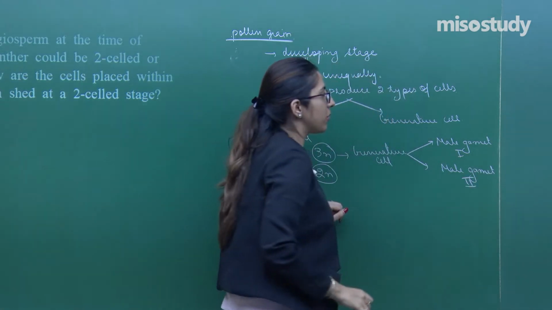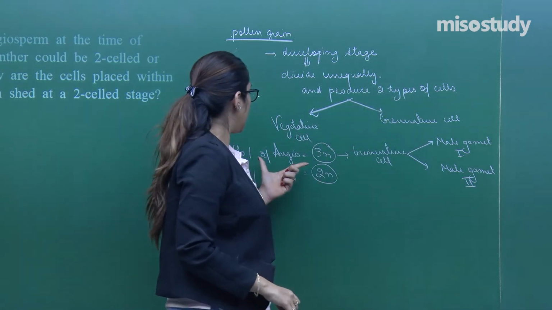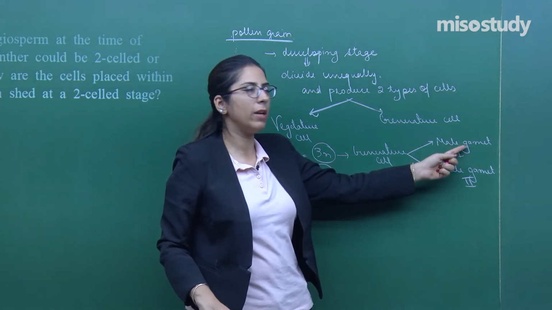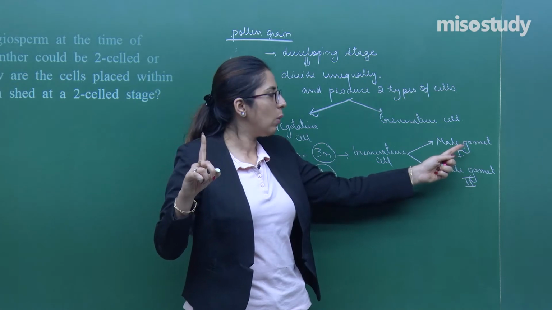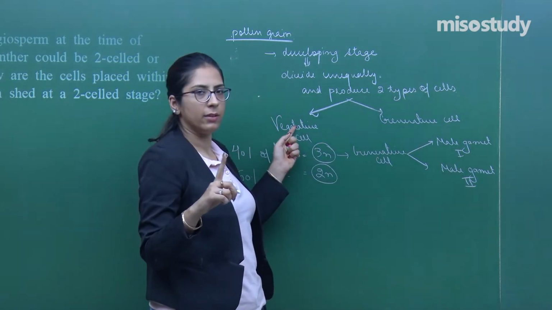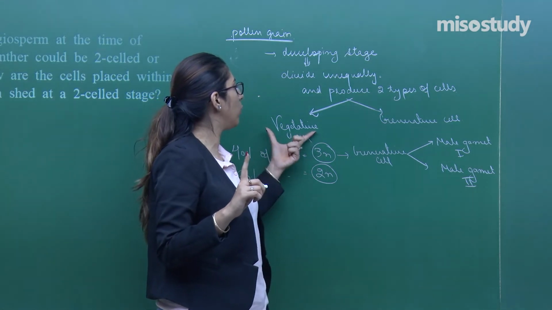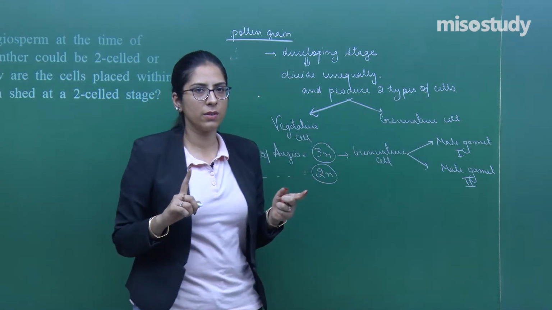So, hope you are getting what I am trying to say: in 40% of angiosperms, the 3N condition is there, meaning the vegetative cell and the two male gametes, whereas in 60% of angiosperms, only the generative cell and the vegetative cell are present.